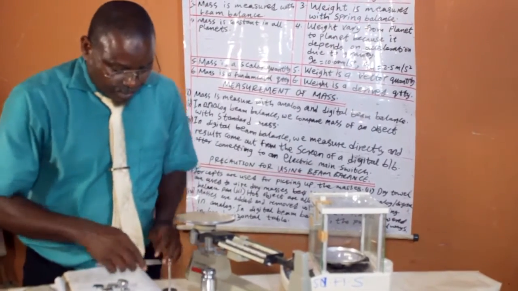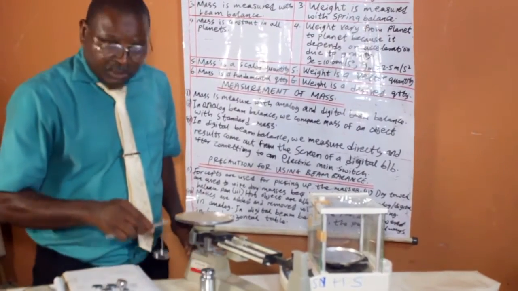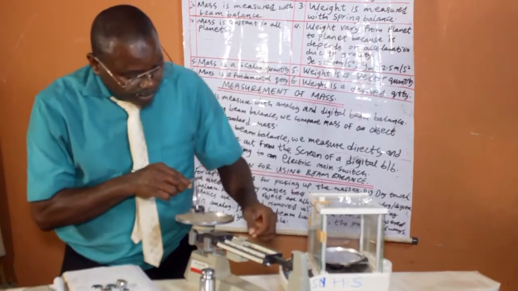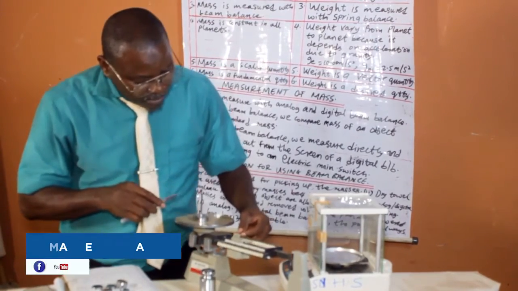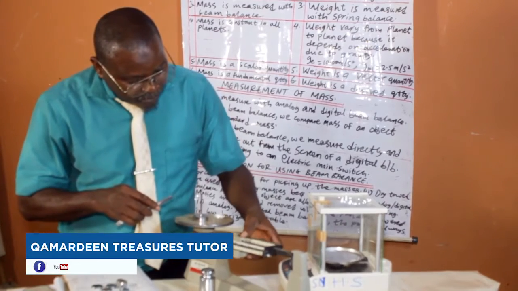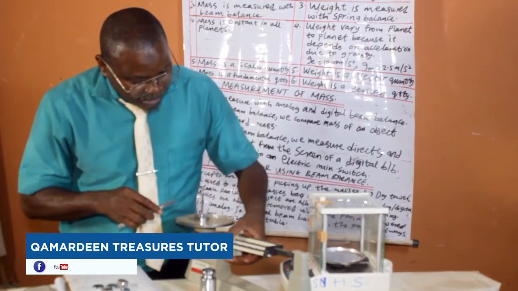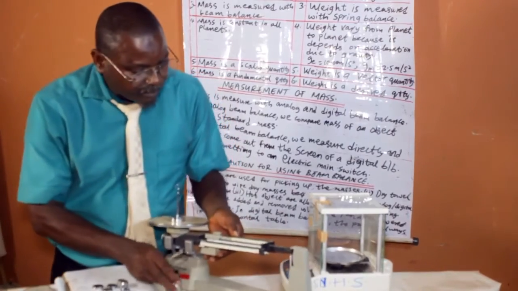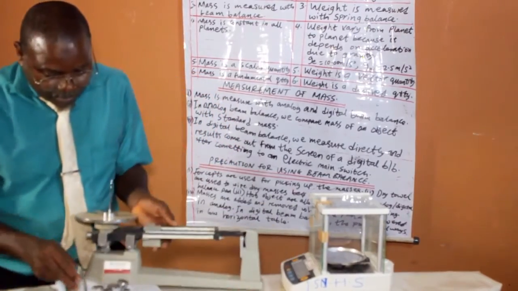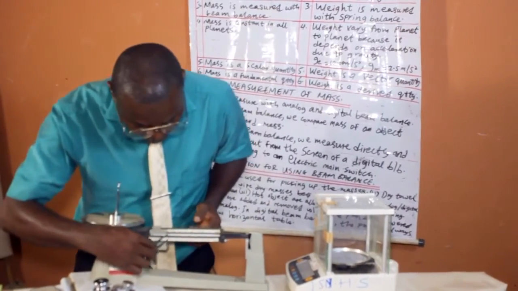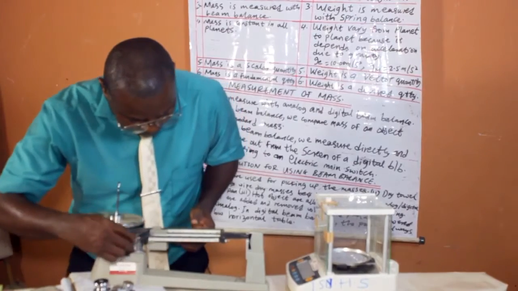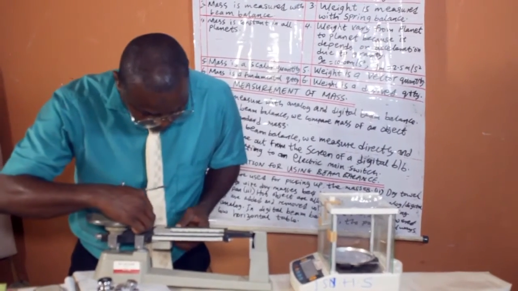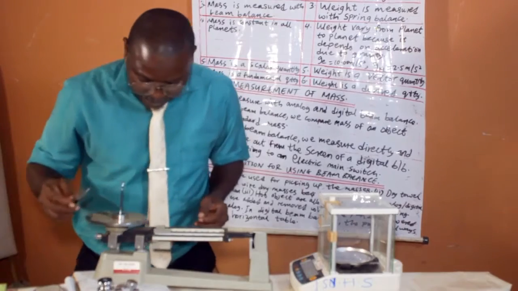When you want to measure mass using the analog beam balance, you move the standard mass to the extreme left end here, where you have 0. You can see 0 here. Where you have 0, 1, 2, 3, 4, 5, up to 10 grams. This one is 100 up to 500 gram. This is 10 up to 100 gram.